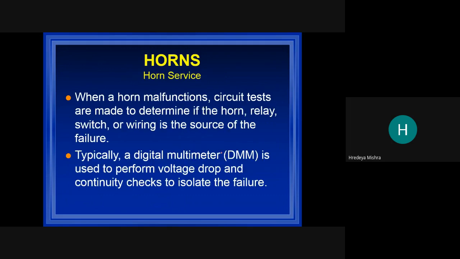When a horn malfunctions, the circuit is tested to determine if the horn, relay or switch are the source of the failure. Typically a digital multimeter is used to perform voltage drop and continuity checks to isolate the failure.